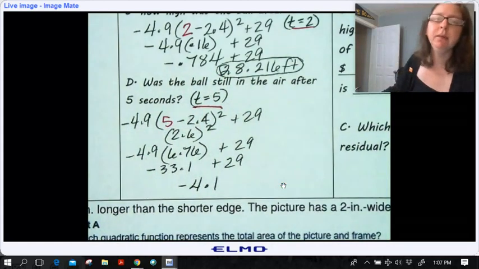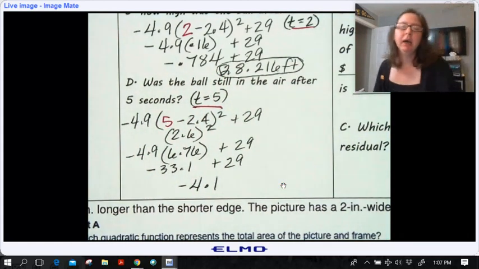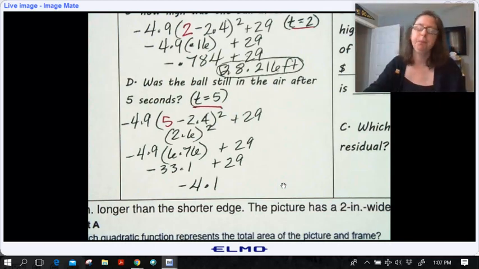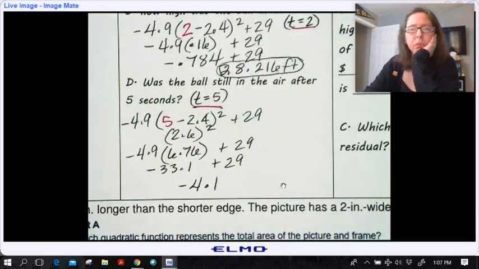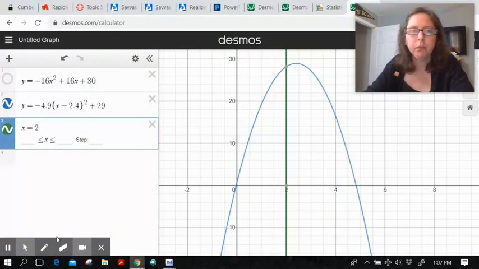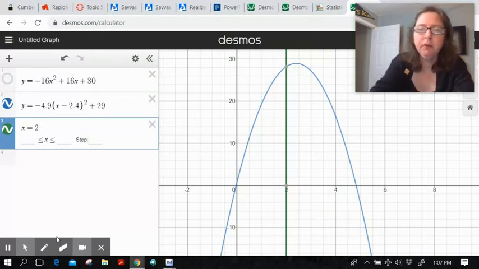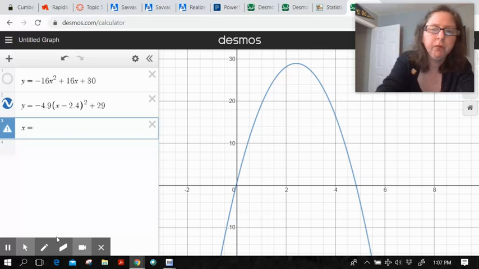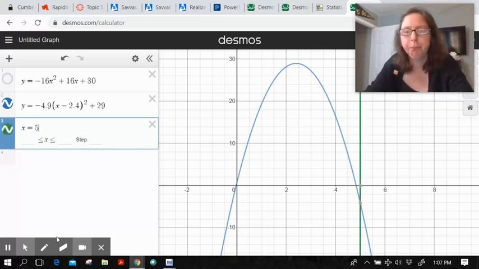So do you think that the ball was still in the air after 5 seconds? Okay, let's take a look at our Desmos calculator. So let's change this x equals 2 to x equals 5.